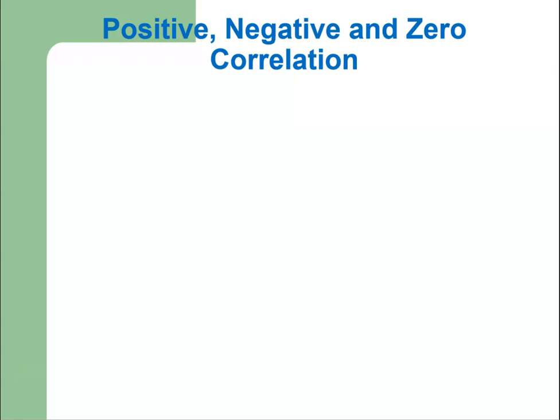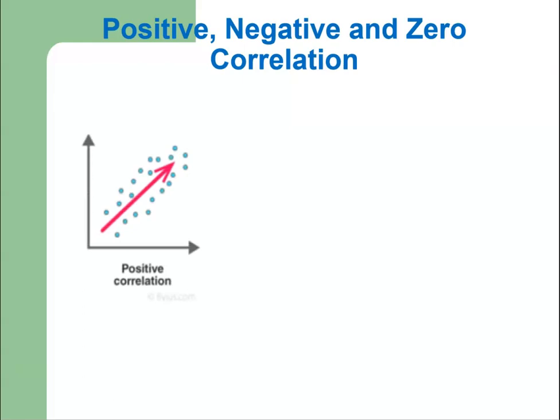As I mentioned earlier, we can also have situation when correlation coefficient could be positive, negative or 0. In this figure, we can see that the values of both x and y vary in the same direction, and the relationship between the two can be denoted by a positive line like this red arrow in this figure.